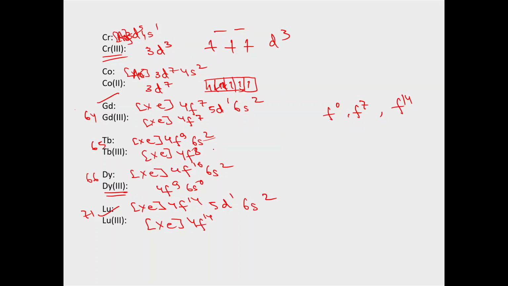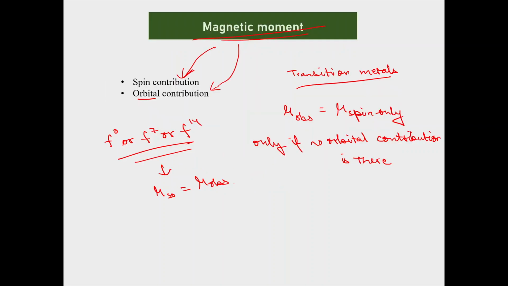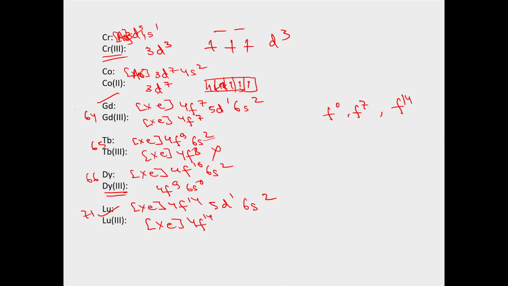Terbium is 4f8, so it won't be the case. So this is cancelled. And then cobalt 2 means d7. This also won't be the answer. Cobalt 2+ means d7 complex.